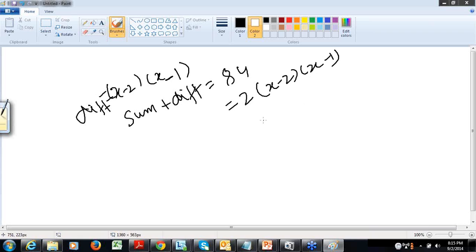Has everybody got this or not? Sum of the two numbers and sum of the two reverses will be equal to x minus 2 times the difference. See why we are writing 2, because it was minus 84.